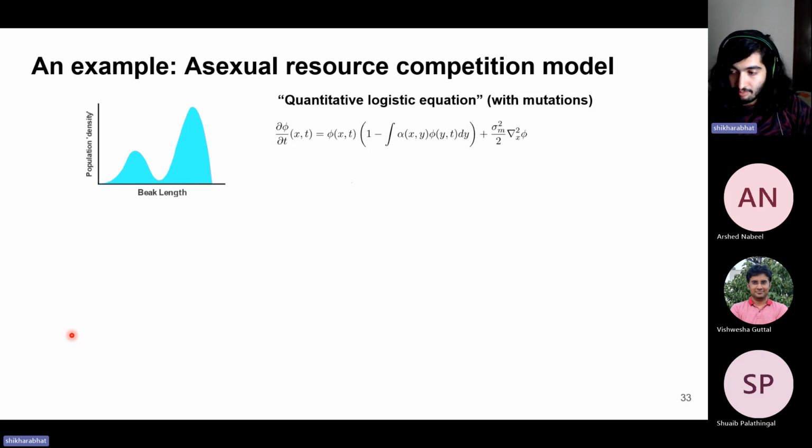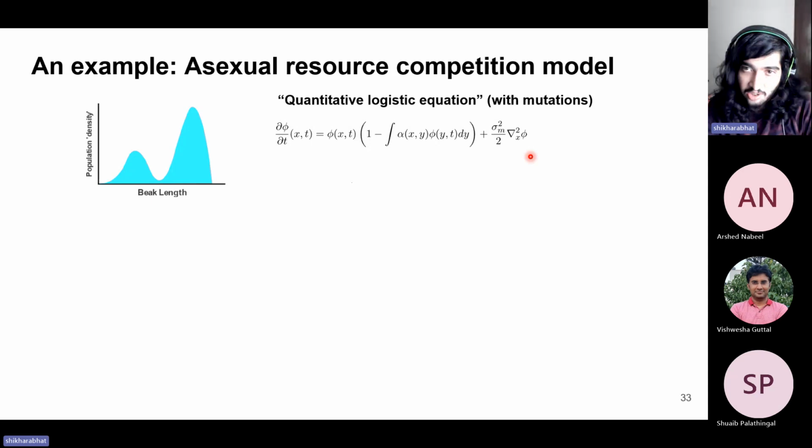Remember, the Lotka-Volterra equation is n_i times (1 minus the summation of alpha_ij n_j). Which, if I just informally make it a quantitative trait, becomes phi times (1 minus the integral of alpha(x,y) phi(y)). And mutations are modeled here as diffusion across the trait space.